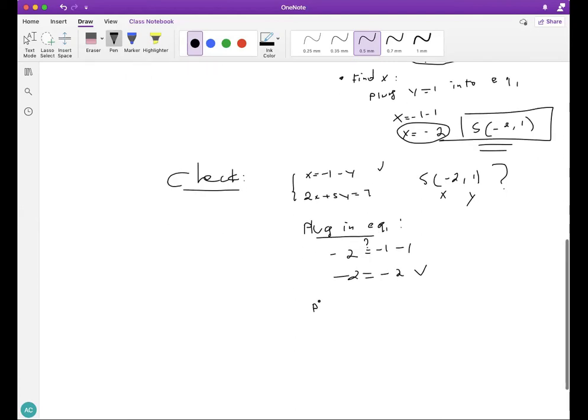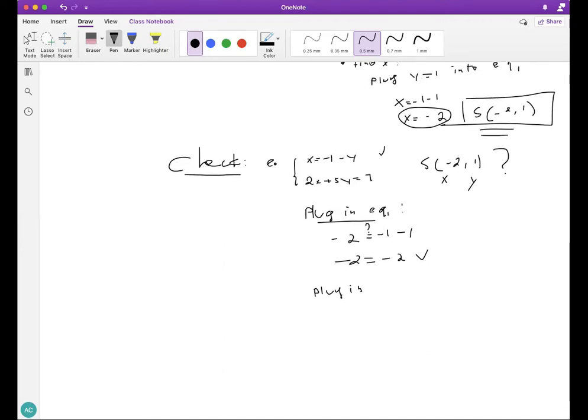So now we're going to plug into the equation. This is equation 1, then we have equation 2. Let's plug that here. So again, it's 2 times x plus 5 times y equals 7. 2 times, what is x again?